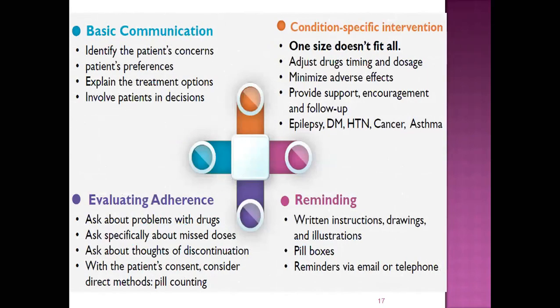Generally, the pharmacist's role is to collect the necessary basic information on the basis of the patient's concerns. First, identify the patient's concerns and preferences, explain the treatment options available with the particular medicaments, and involve the patient in decisions, through this basic communication between patient and pharmacist.